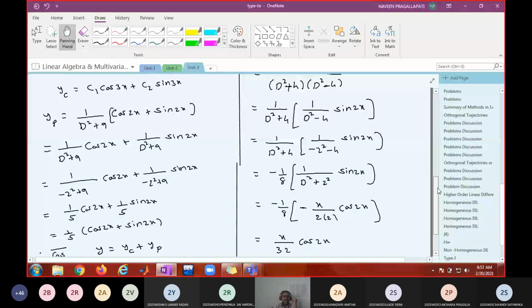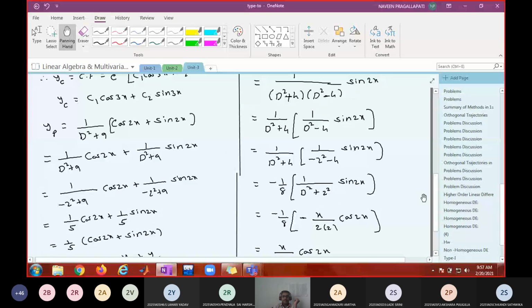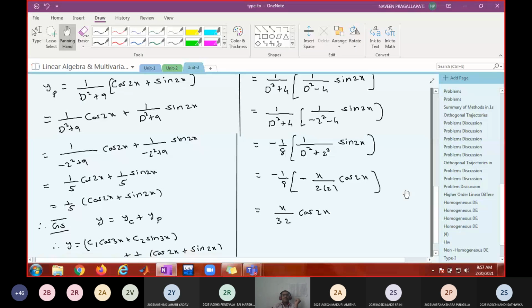So whenever a denominator is 0, if you substitute d square with minus a square, you try to factorize this. You factorize in such a way that the term which is giving 0, you operate at the end. Non-zero terms you apply first. Is it fine?